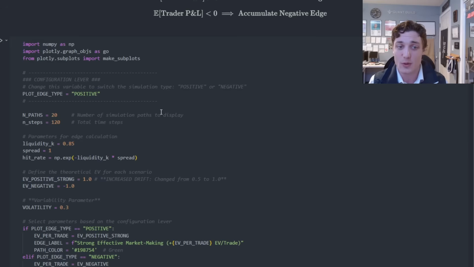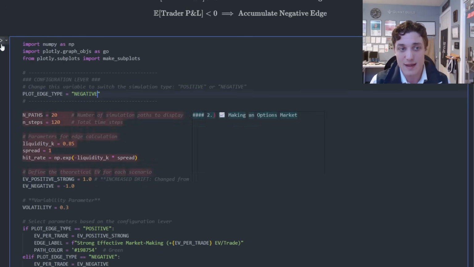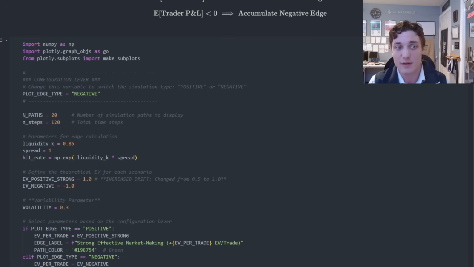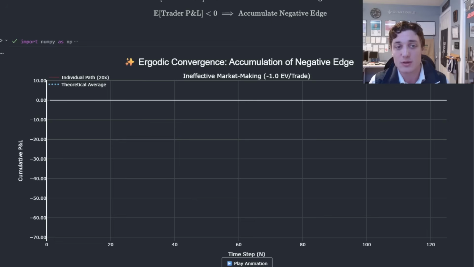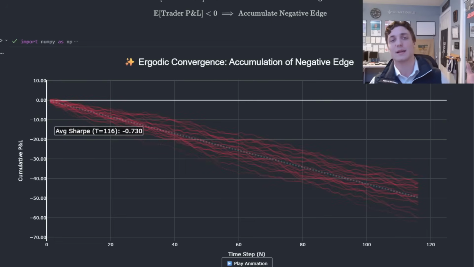And if they're quoting prices in an ineffective way, then the overall trajectory of their wealth path is going to look something like this.